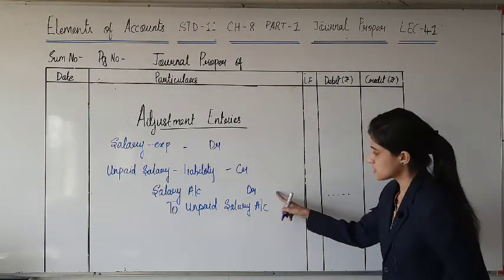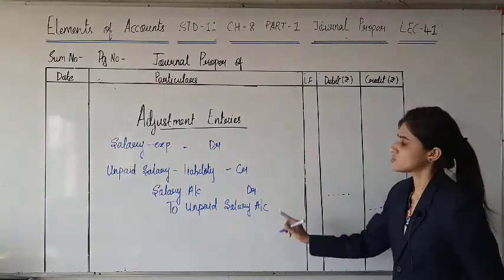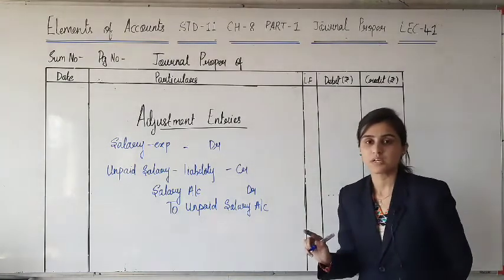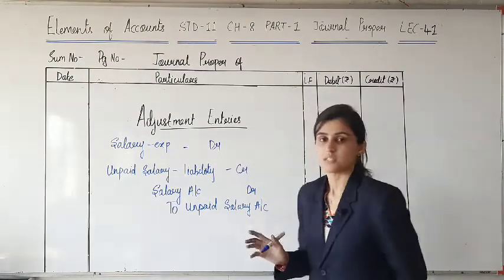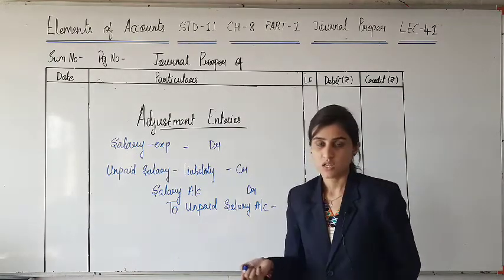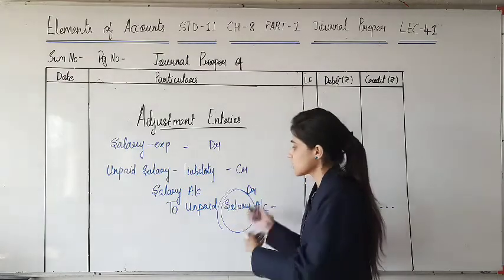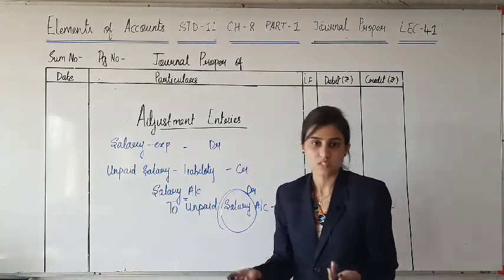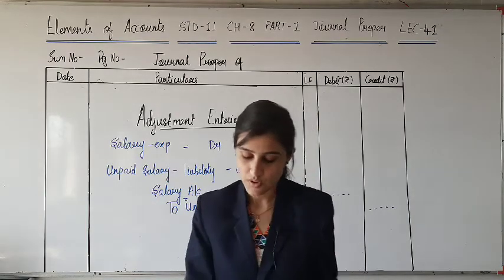Salary is an expense, unpaid salary is a liability. This is the adjustment entry for unpaid salary. This is how you write adjustment entries. Unpaid salary is a liability, so it will be credited. Liability when paid, it is a salary. So if you pay it, then it will be an expense only.